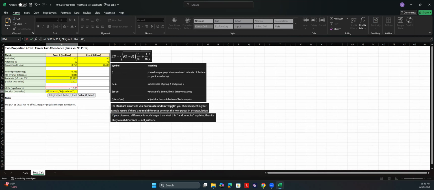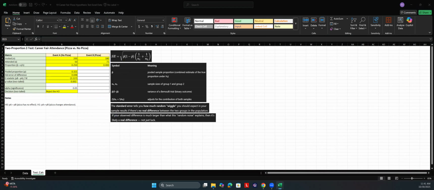Otherwise, don't reject the null hypothesis. So in here, we reject the null hypothesis that they are the same.